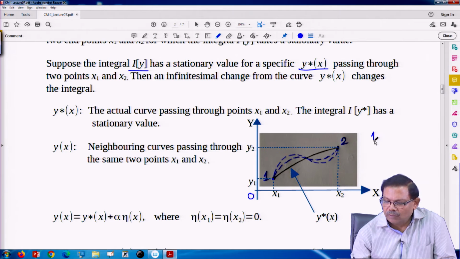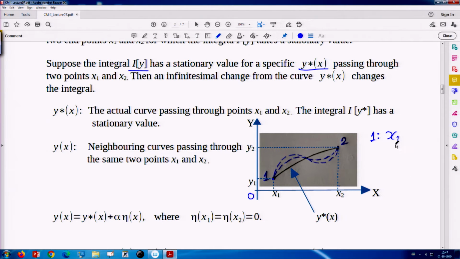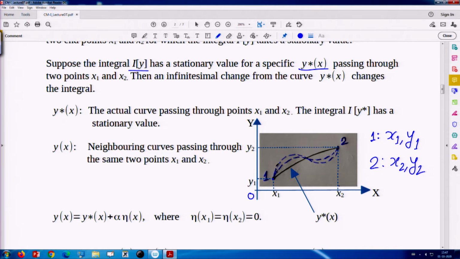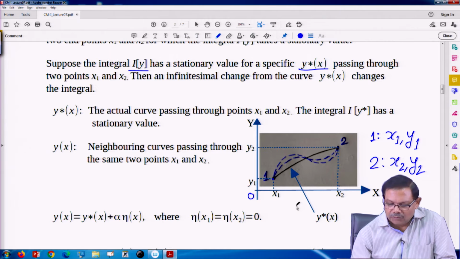So, point 1 has coordinates x 1 y 1 and point 2 has coordinates x 2 y 2. Now I consider various possible paths that pass through x 1 and x 2. The 2 endpoints are common for all the curves.